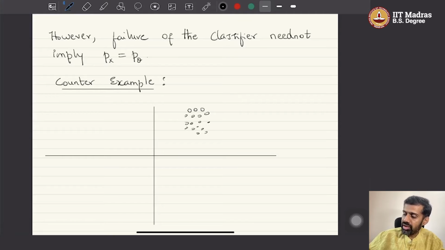Let's say that this cluster represents data from p_theta, and we have the data from p_x represented using this particular cluster. Okay, we have the crosses and dots. Dots represent data from p_theta and crosses represent data from p_x.